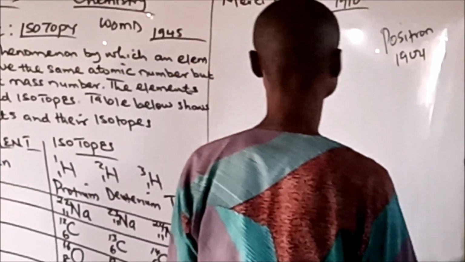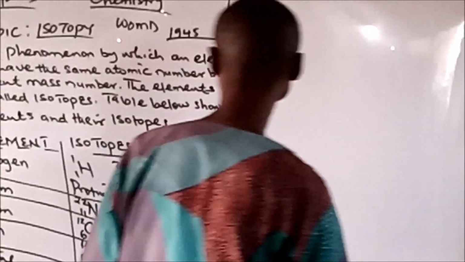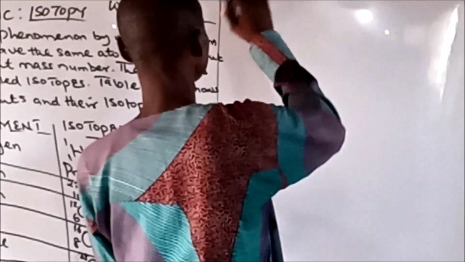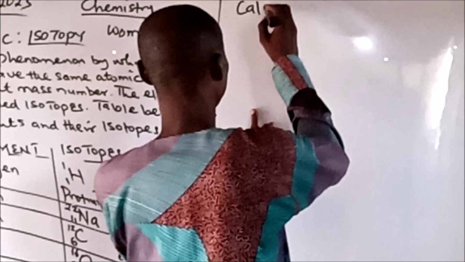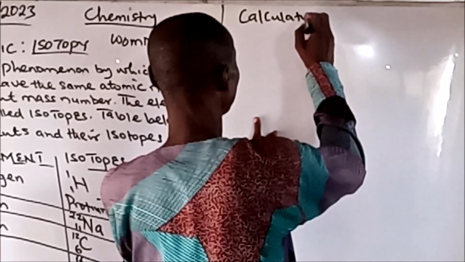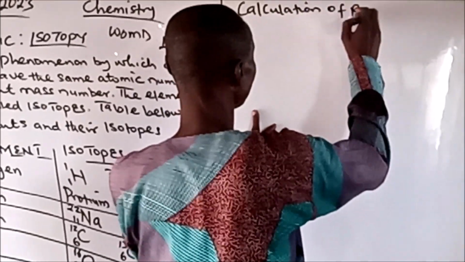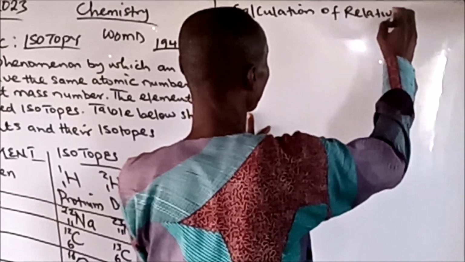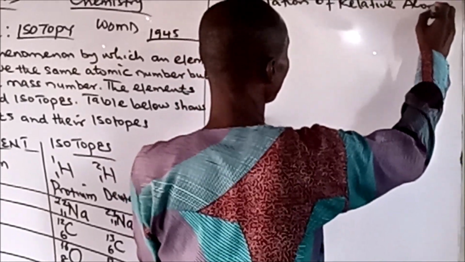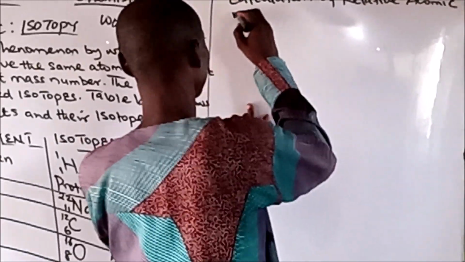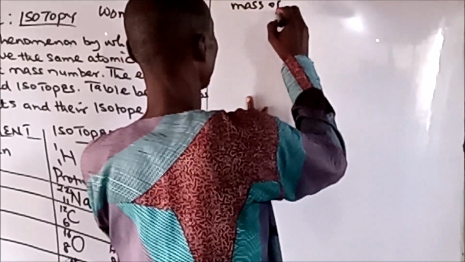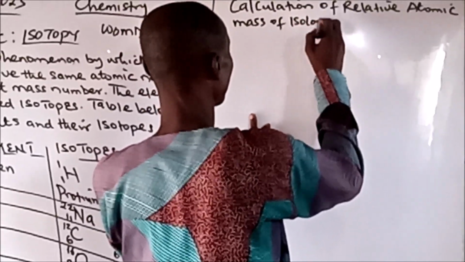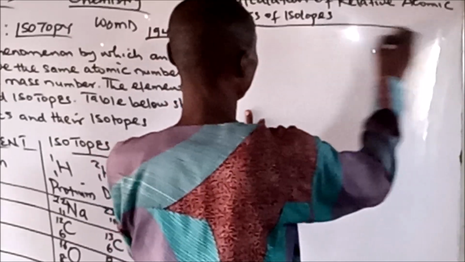Isotopes: calculation of relative atomic mass of isotopes. That is RAM, call it RAM.